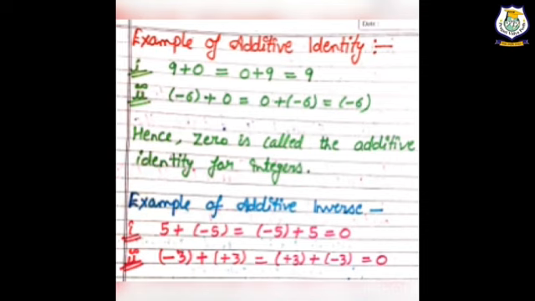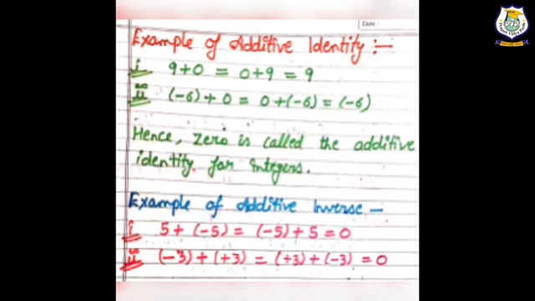So we add -6 + 0 = 0 + -6, which is equal to -6. Hence 0 is called the additive identity for integers, which means if we add 0 to any integer, the answer will be that particular integer.